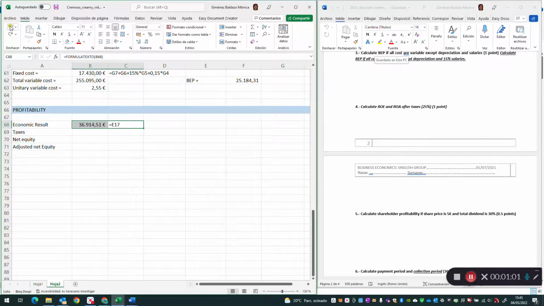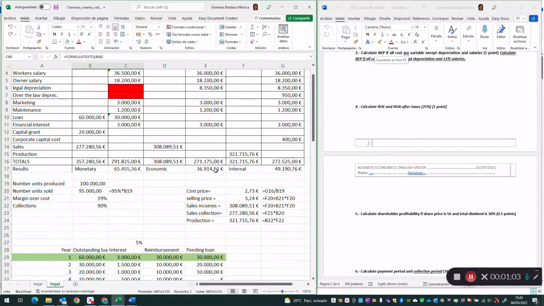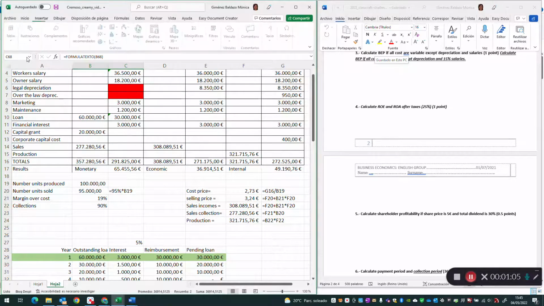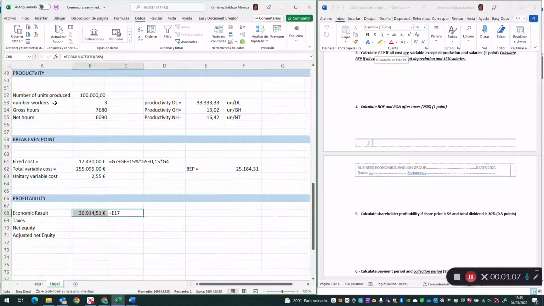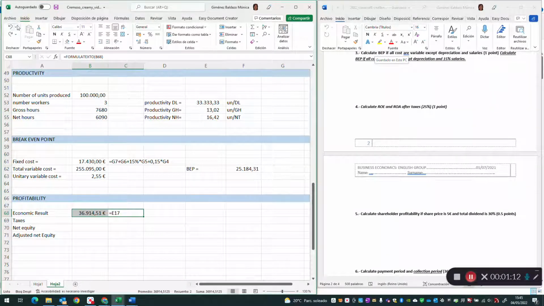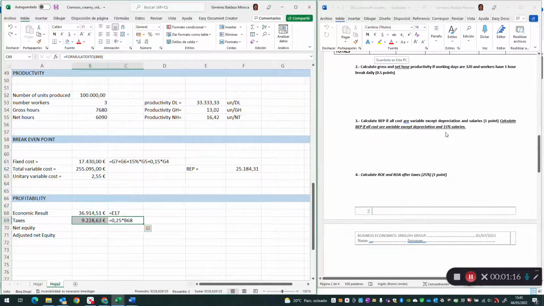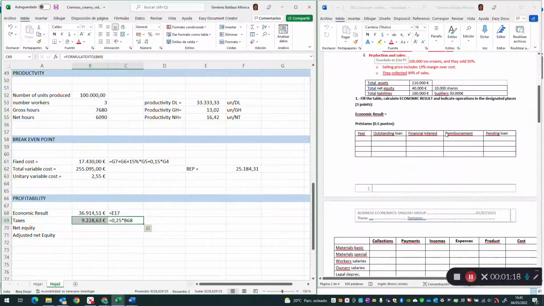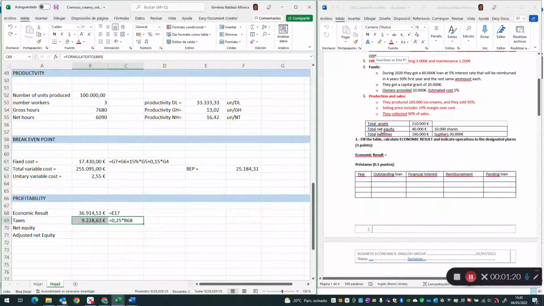So the economic result was on the table. Remember here we have the economic result. Taxes are 25% of the amount of that economic result. Net equity has to be here. This is data from the information you have, and it says total net equity 40,000. So 40,000 euros.